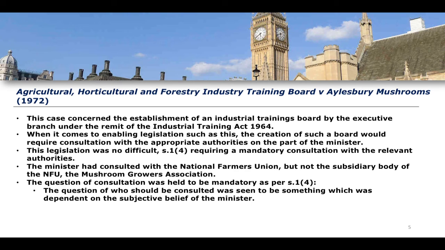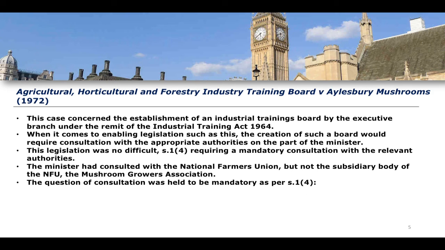The question of who should be consulted, however, was seen to be dependent on the subjective belief of the minister. So what we have here is an example of the discretion that can be given to ministers in certain circumstances when it comes to their application of procedure. All that really is required is the mandatory consultation with the relevant authorities.